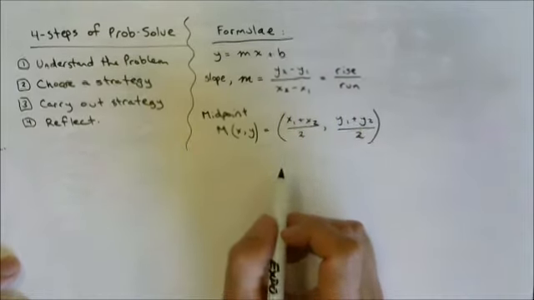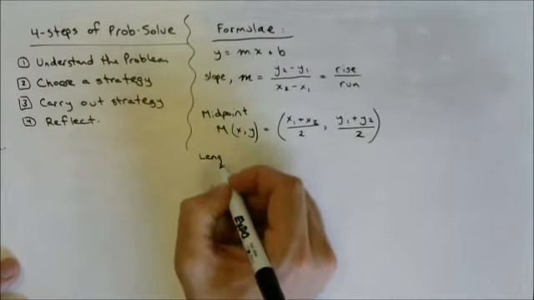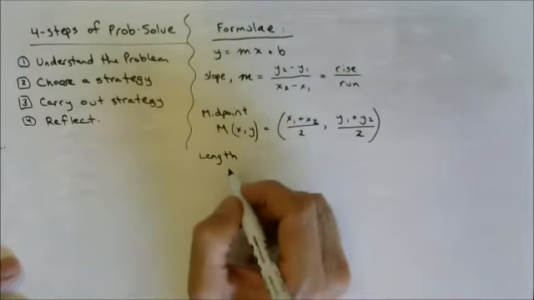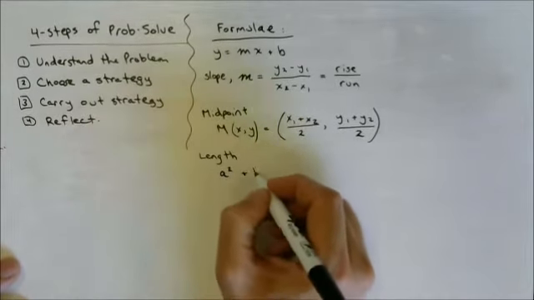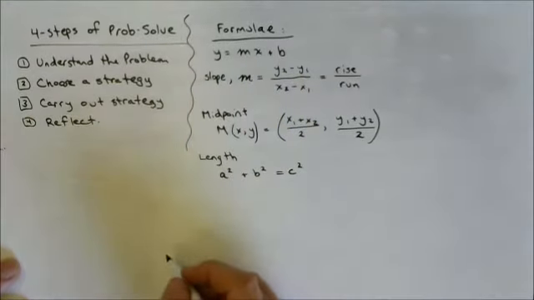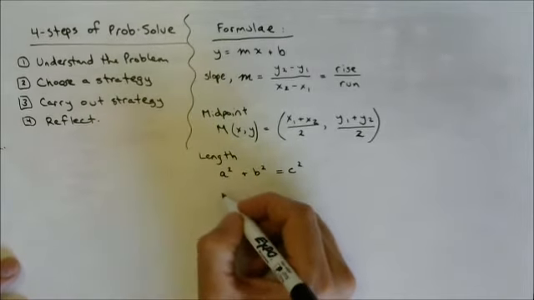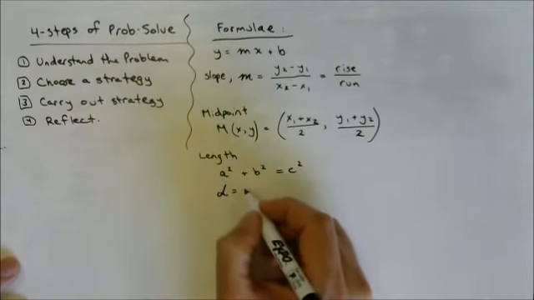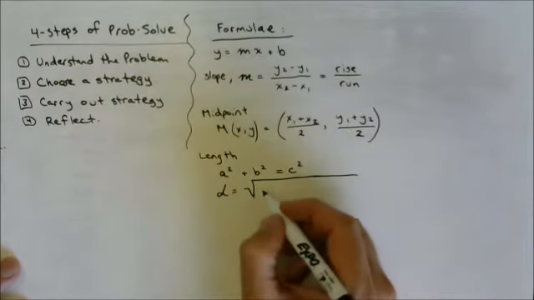Another formula that we have is the length formula, and that is derived from a squared plus b squared equals c squared. So that's helpful. You can call it the length or the distance formula. I'm going to use a d here, but it could be an L out front, and it would mean the same thing.